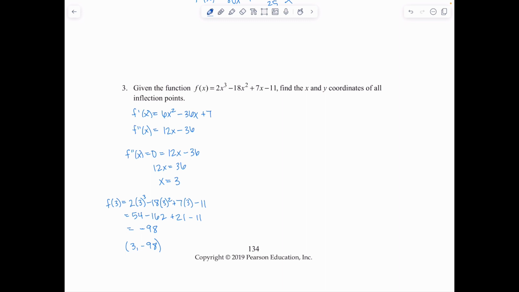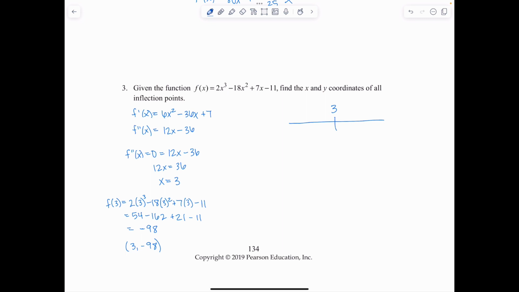So what we want to check now is that it actually does change at this point. Okay, so the second derivative is going to tell us our information. Since 3 is the point that we're looking at, just like before, I'm going to look on both sides of 3.